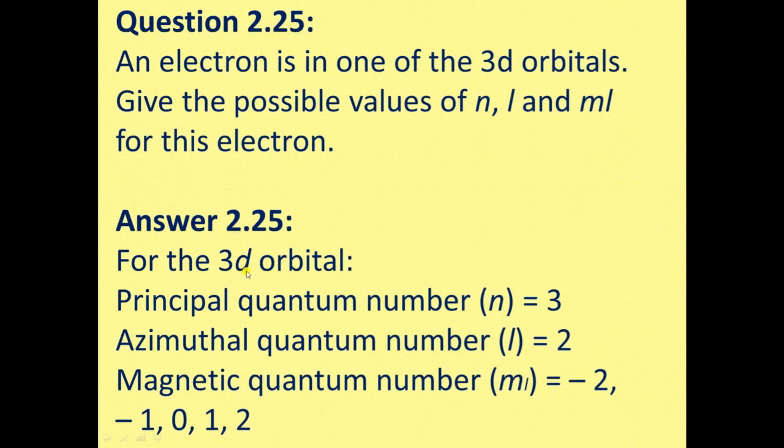If it is p, then value of l is 1. If it is d, then value of l is equal to 2. So here it is d, so we will write azimuthal quantum number is equal to 2. Now magnetic quantum number can be determined with the help of l. It is minus l to plus l. So minus 2, minus 1, 0, 1 and 2.